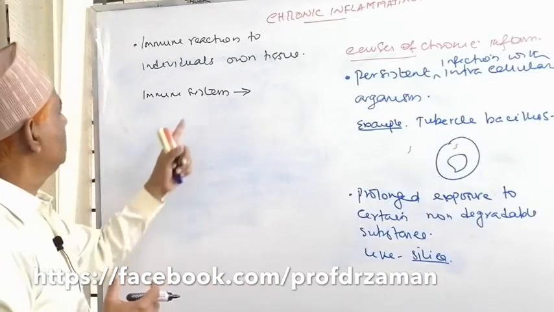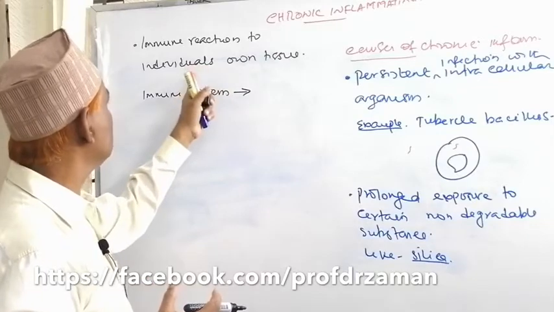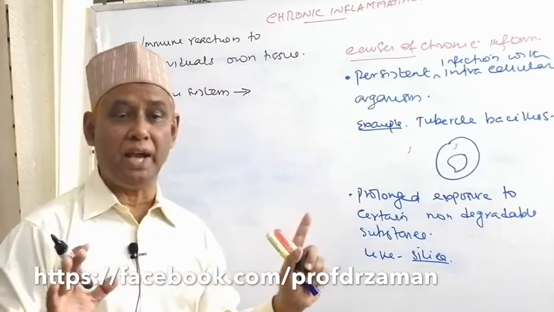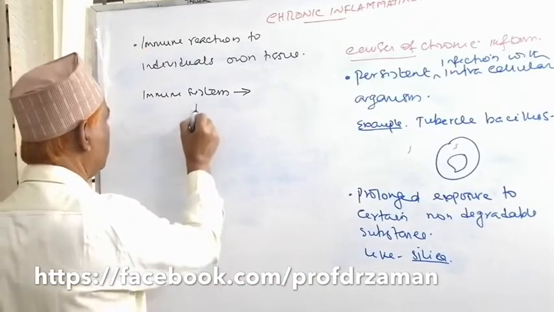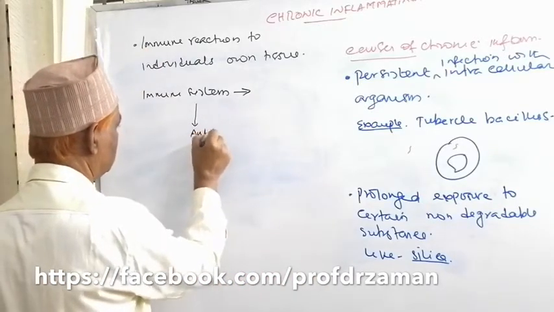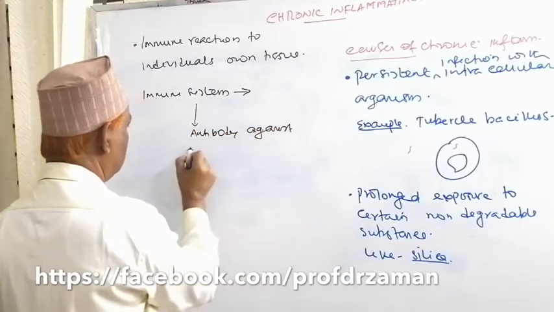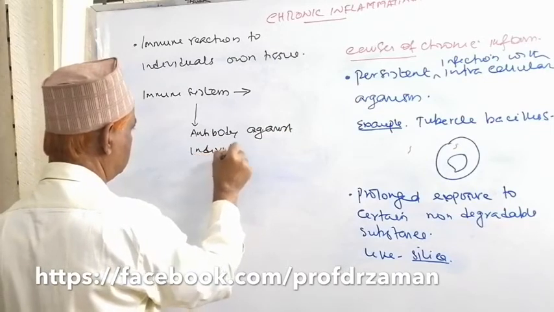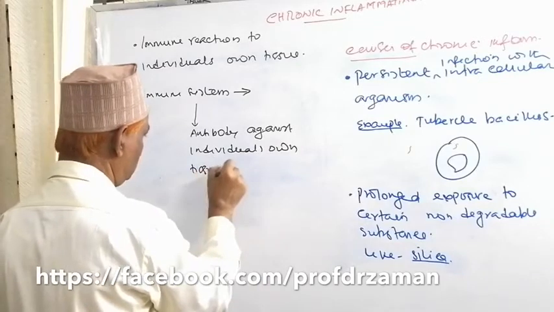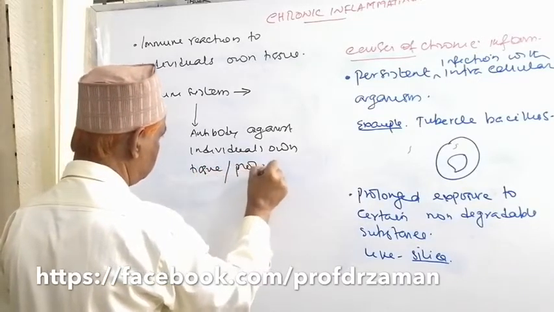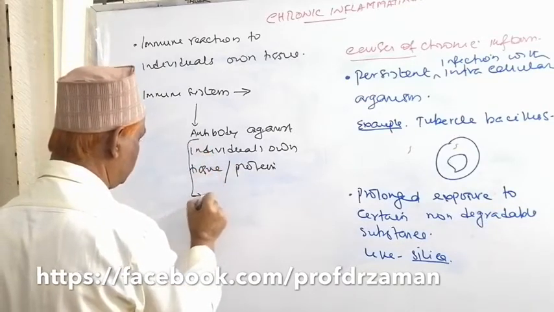If due to any reason certain individual's own tissue is not recognized as own by the immune system, in that case the immune system will produce antibody against the individual's own tissue or own protein, and the antibody formed is called autoantibody.